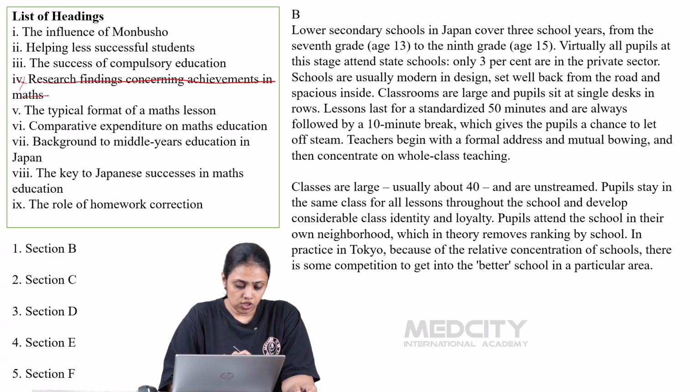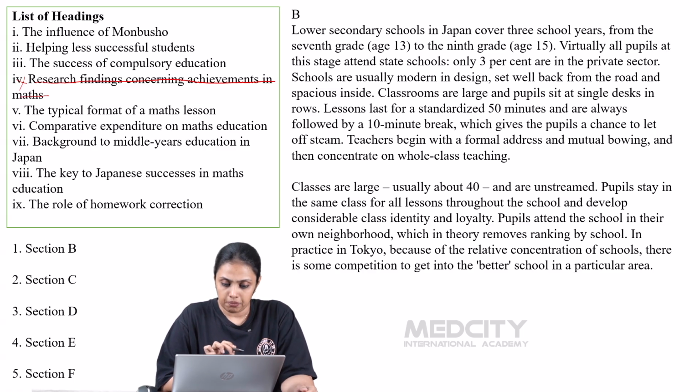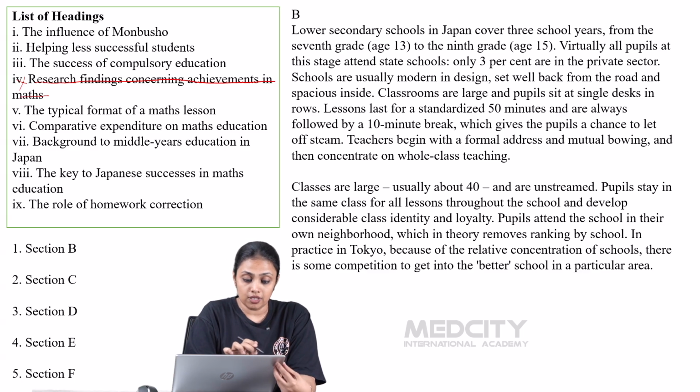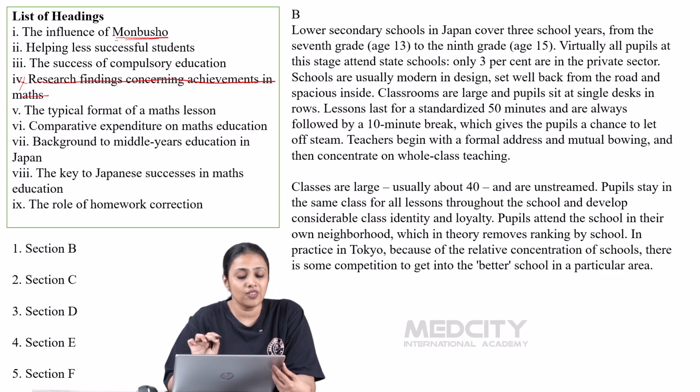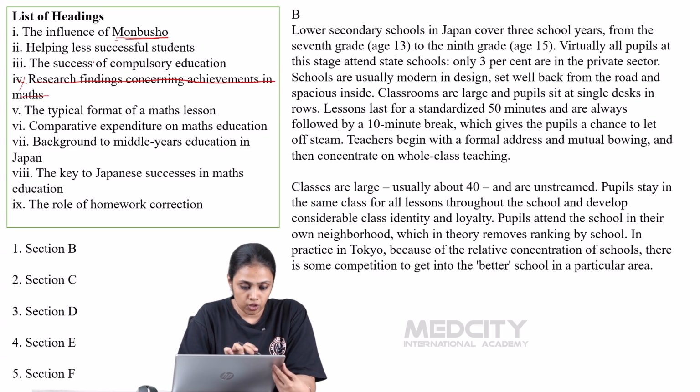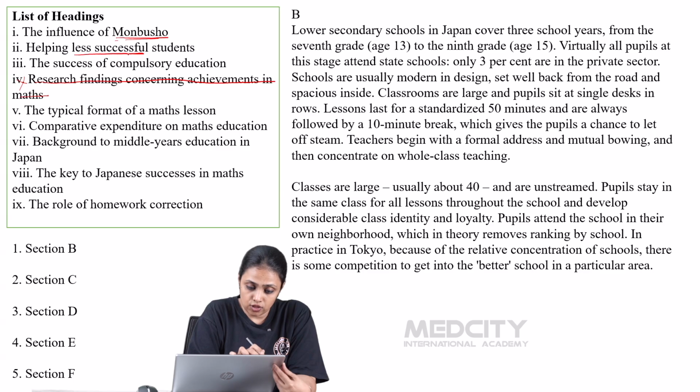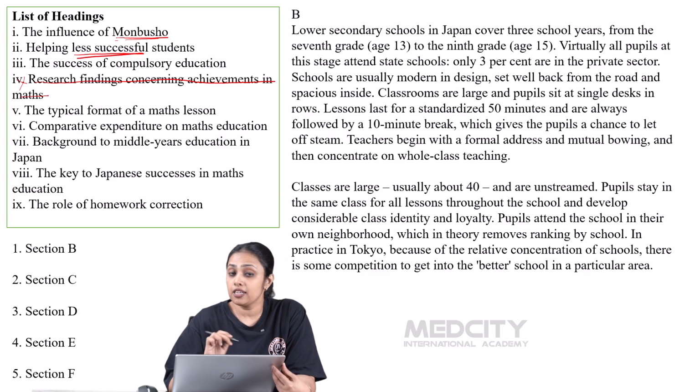Now let's start with section B. Before that we need to highlight the keywords in the headings. First one, the influence of Montbusho. Nouns are always keywords, so influence of Montbusho is a keyword. Then helping less successful students. Is there any paragraph talking about less successful or weak students?